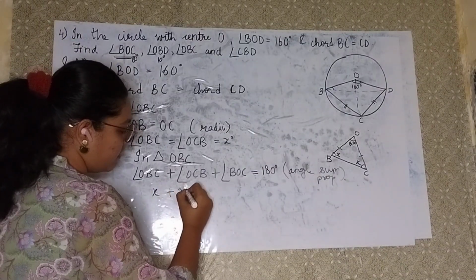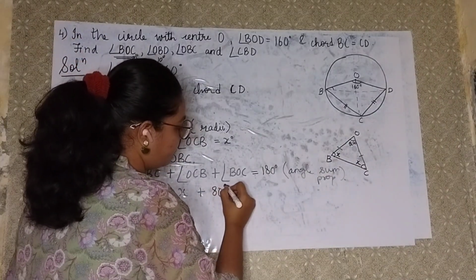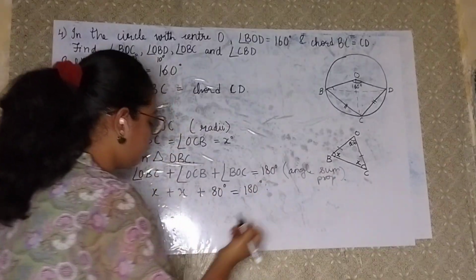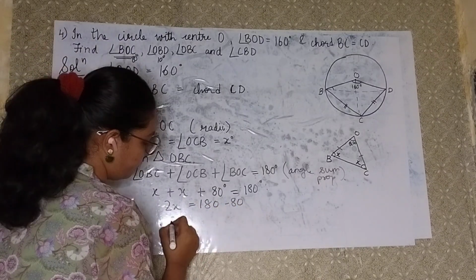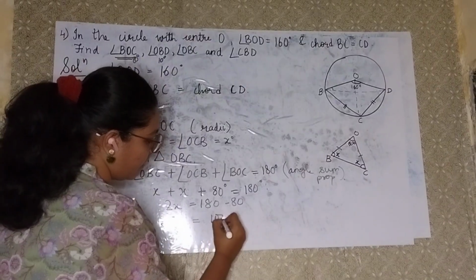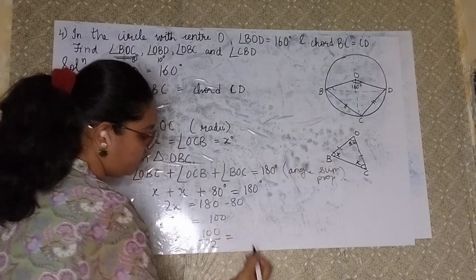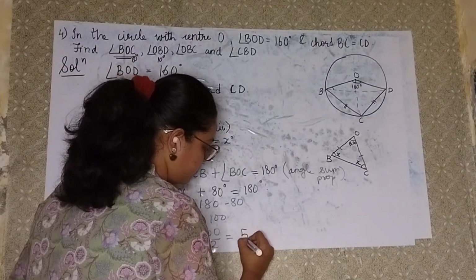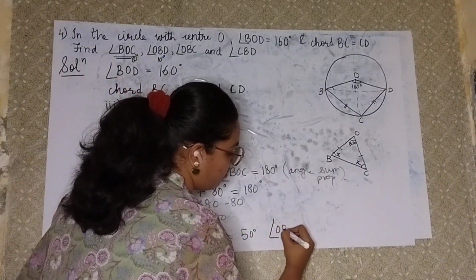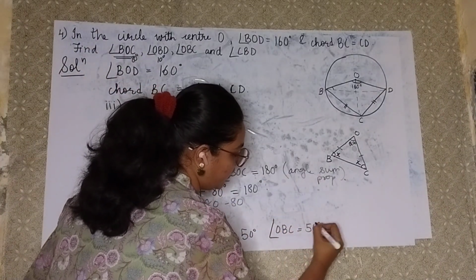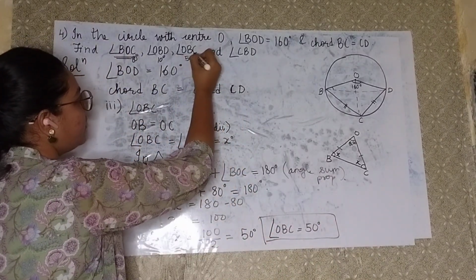So x plus x plus BOC is 80 degrees, 80 equal to 180. Now 2x equal to 180 minus 80. So 2x equal to 100. That is x equal to 100 upon 2, that is 50. I get angle OBC equal to 50 degrees. Third part is done. This is 50 degrees.